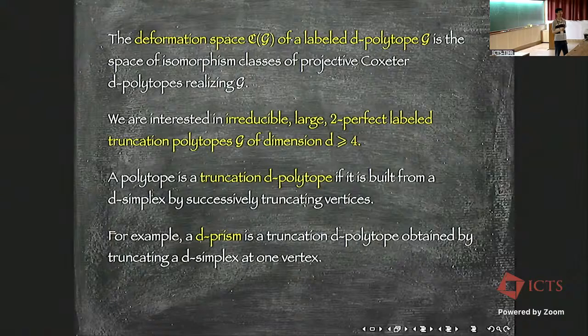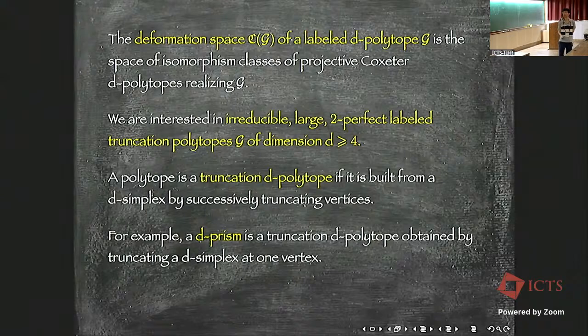So I will focus on a special class of polytopes, truncation polytopes. I will explain what exactly irreducible means, and what exactly these two perfect conditions mean. Then I can explain the deformation space of this object.